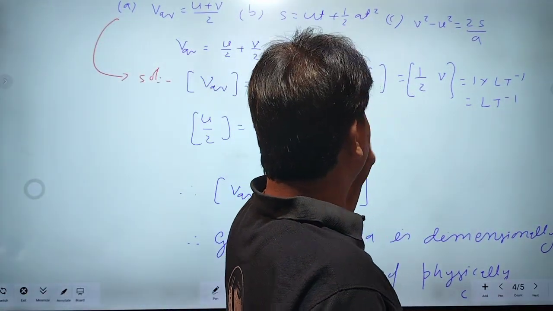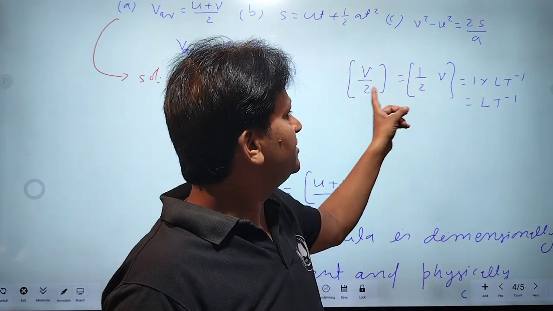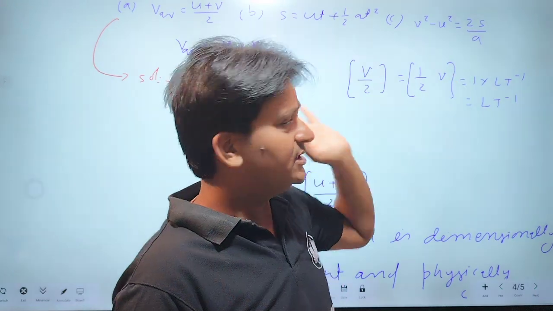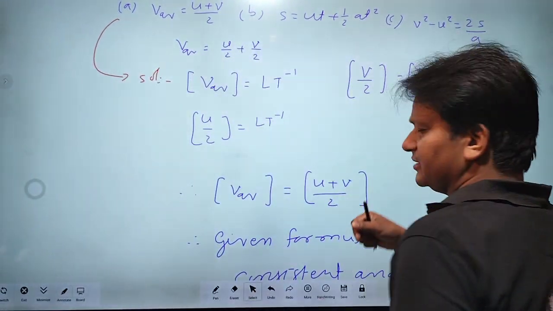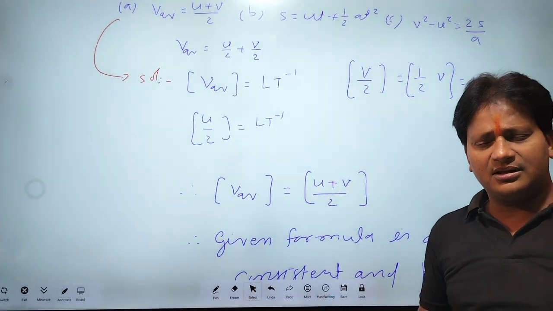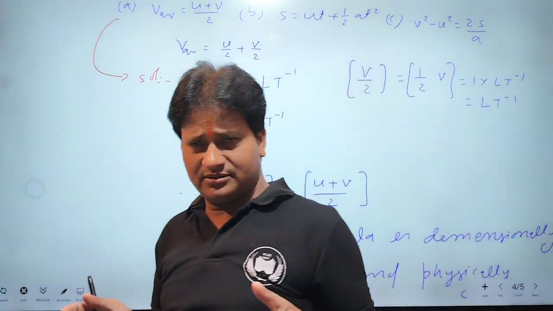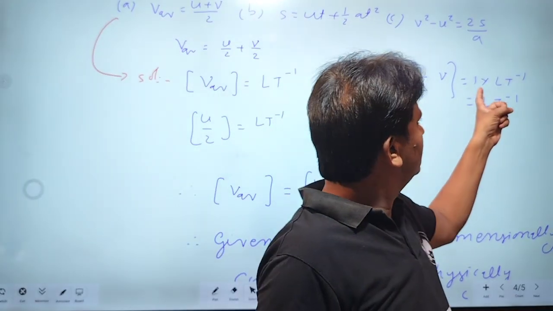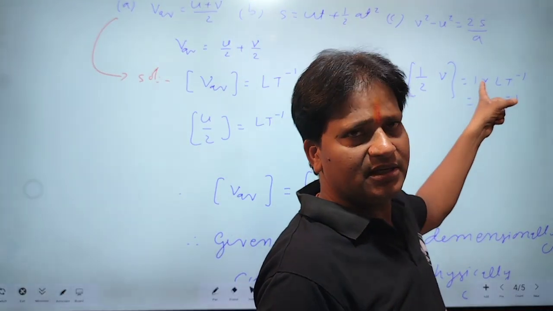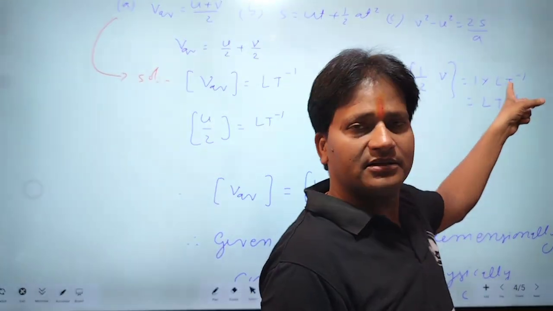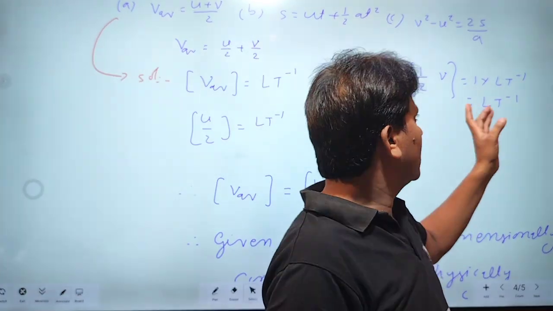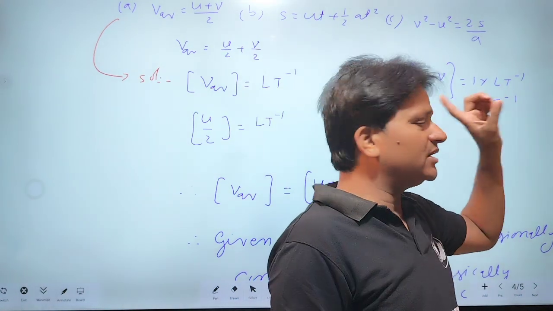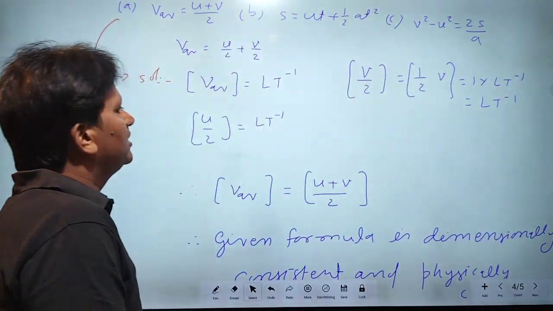Here v upon 2 can be written as half into v, and half is a number. The dimension of any number will be equal to unity, therefore I can write here 1 and here LT^-1. After multiplication, this will be equal to LT^-1.